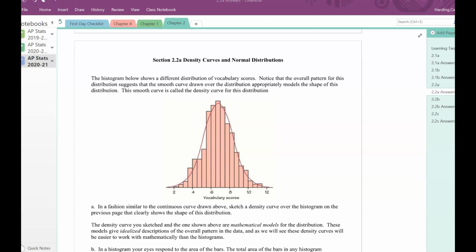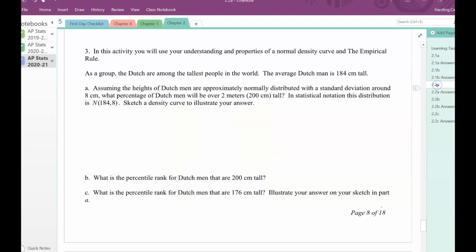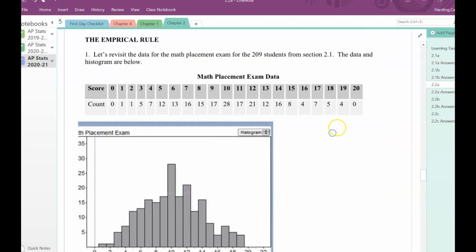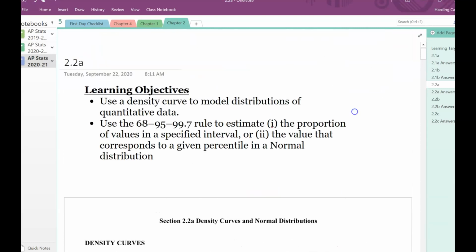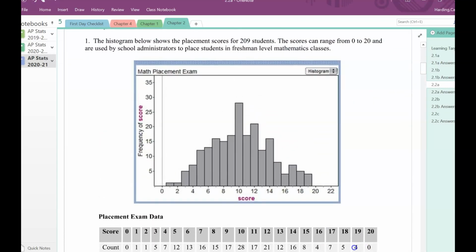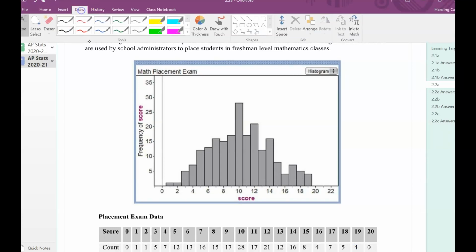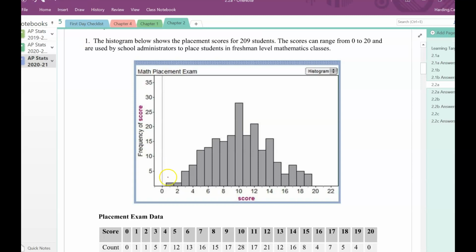So let's actually go back now to the first page. There was a distribution there that I had you skip over temporarily. We got to get ourselves back up there to the first page. There we go. And if we were going to draw a density curve over the top of this one, it might look something like this.